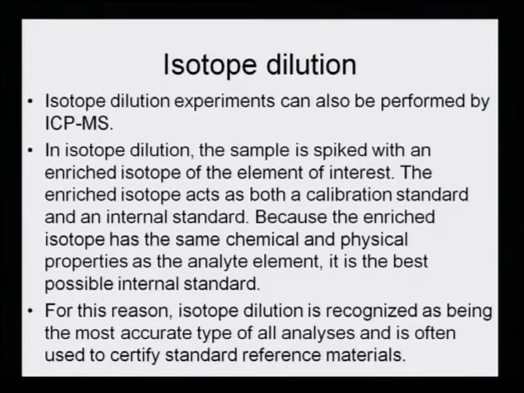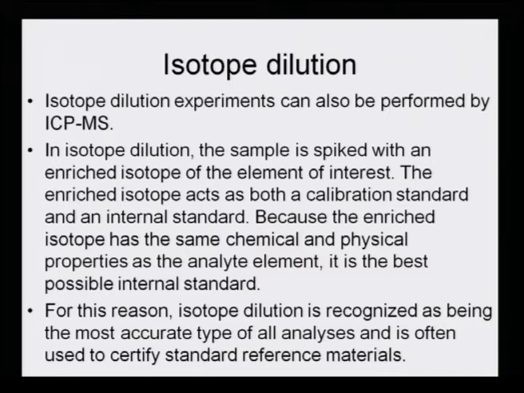The enriched isotope acts both as a calibration standard as well as an internal standard. Because the enriched isotope has the same chemical and physical properties as the analyte element, it is the best possible internal standard. That is the reason why enrichment experiments with isotope dilution are possible.